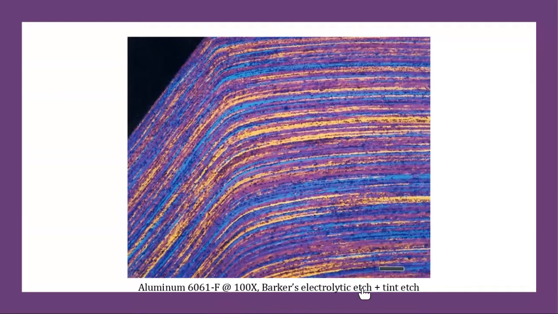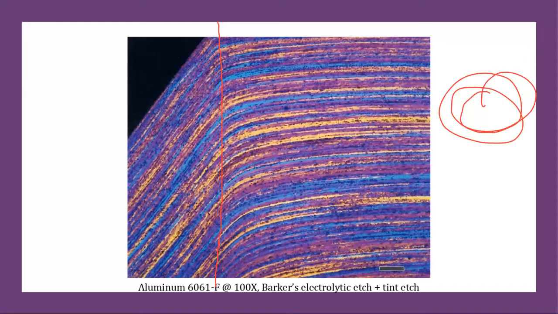A Barker's electrolytic etch was used, and then a heat tint etch was put on the surface and then looked at under polarized light. All the different streaks you see from this point, use the red line. That's my drawing of a straight red line. So everything over on this side, this is the as fabricated condition.